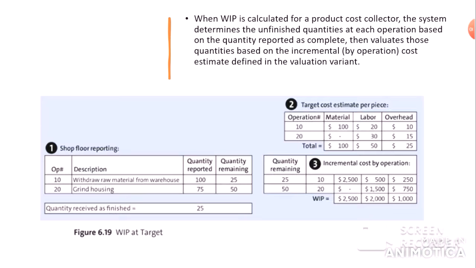When work in process is calculated for a product cost collector, the system determines the unfinished quantities at each operation based on the quantity reported as complete, then evaluates those quantities based on the incremental cost estimate defined in the valuation variant.